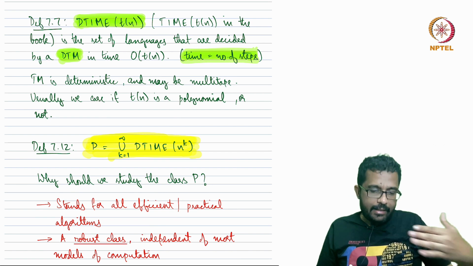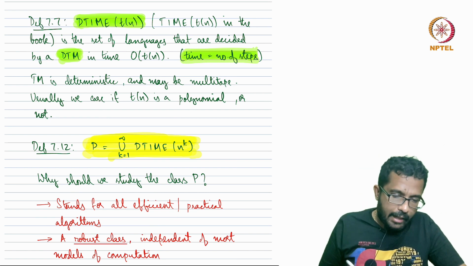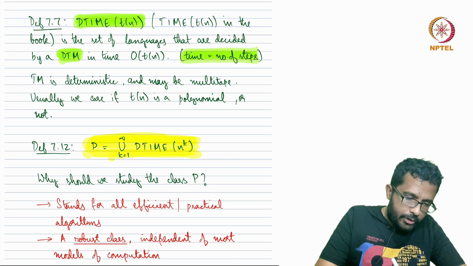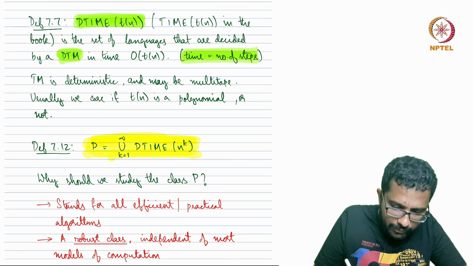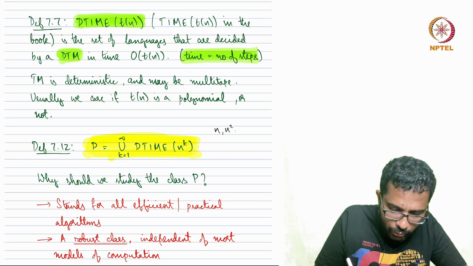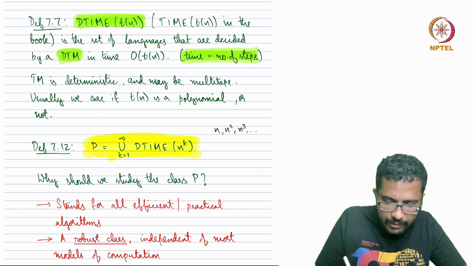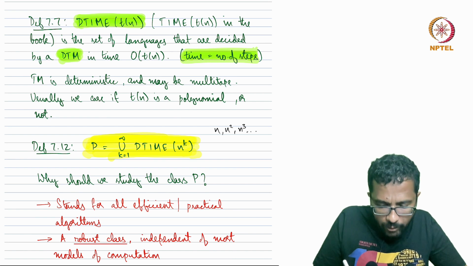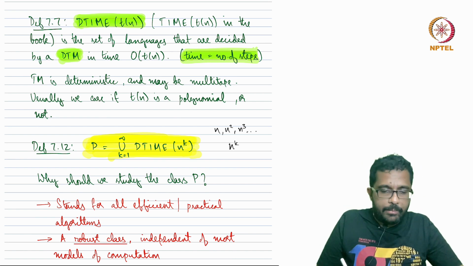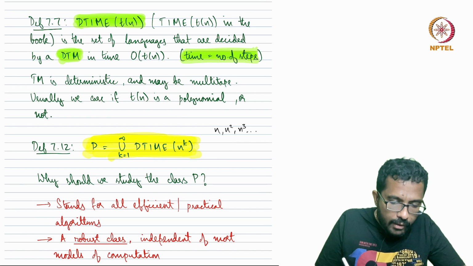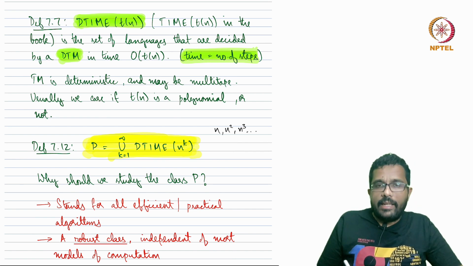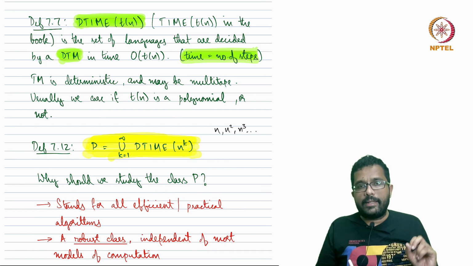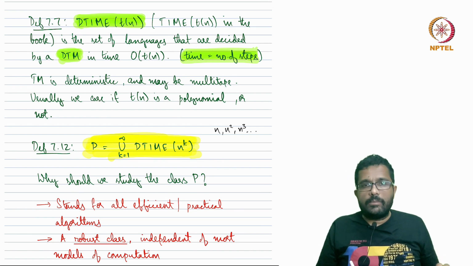It's an infinite union that we gather together and call P. The reason for calling it P is that we have n squared, n cubed, etc. These are all polynomial functions, right? So anything of the form n power k is considered to be polynomial. That's why this is called P, and P stands for polynomial, something that can be decided in polynomial time by a deterministic Turing machine, okay?